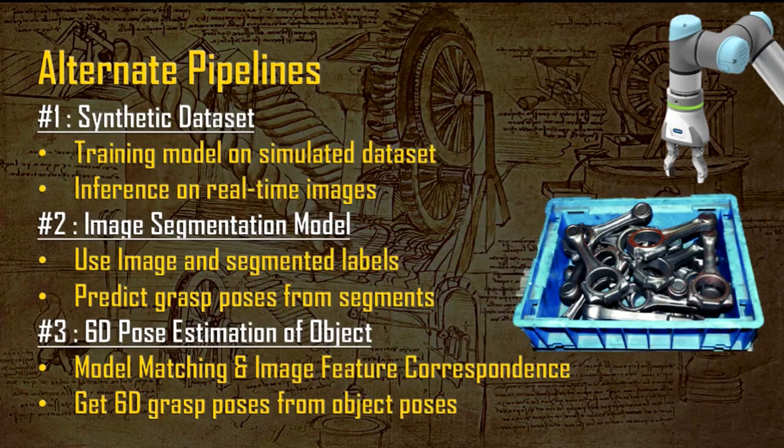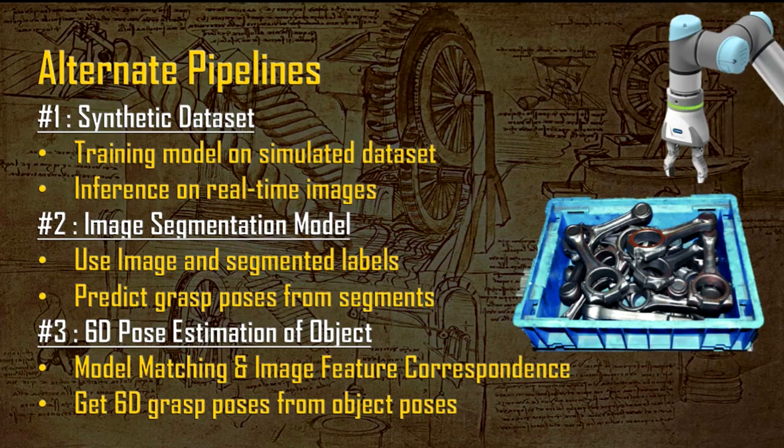Some alternative pipelines that I have mentioned, just a few of the many that are possible, is to train a model on a synthetic data set. I think some of the people here also mentioned that, right? And then inferencing on real-time images. The challenge for this would be to have realistic images.